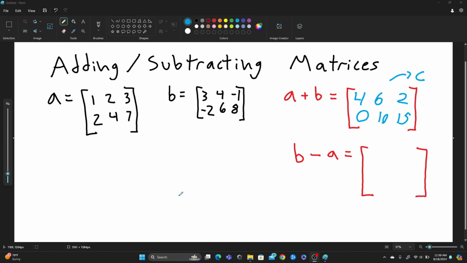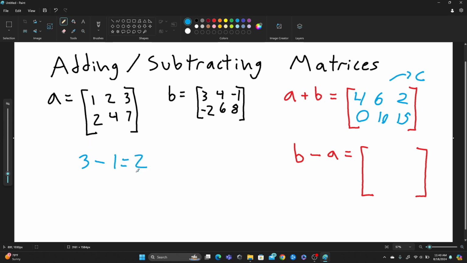Okay, next we have matrix B minus matrix A. So we already know what we're doing, we're going to start with B11 and A11. So since it's B minus A, we're going to take B11, which is 3, and subtract A11, which is 1.